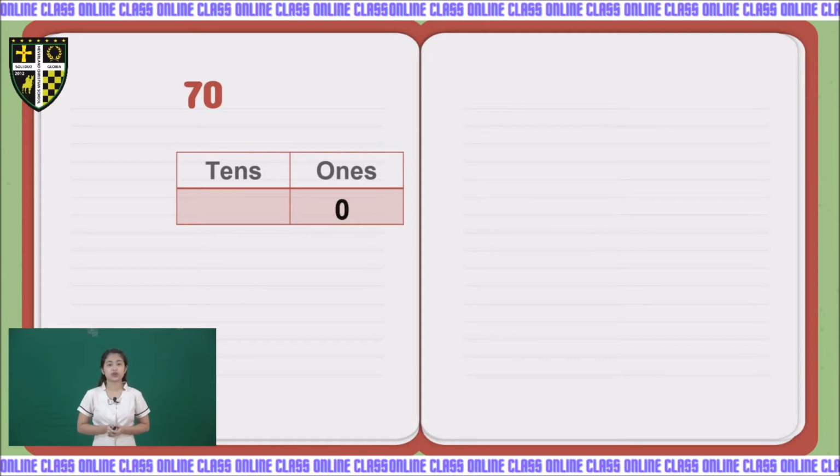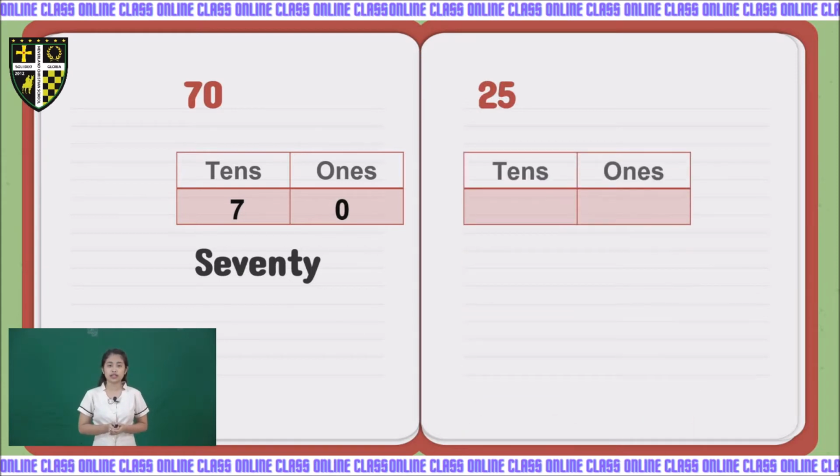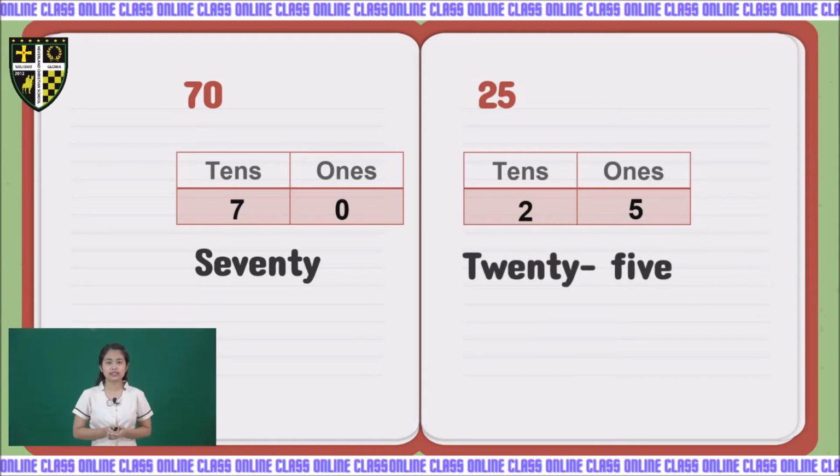So next one, we have 70. The 0 digit is in ones and the 7 digit is in tens. So we can just simply write it as seventy. Again, we can just simply write it as seventy as shown in the presentation. Next, we have 25. So the digit 5 is in ones and the digit 2 is in tens. So we can just simply write it as twenty-five.